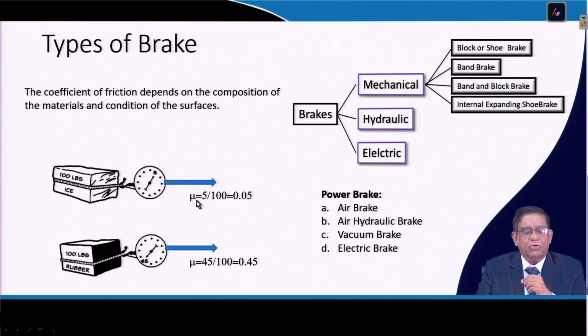So you can find the coefficient of friction for the 100 pounds they are keeping over here. That is the normal load, but to move that requires only 5. That's because the coefficient of friction is very low.